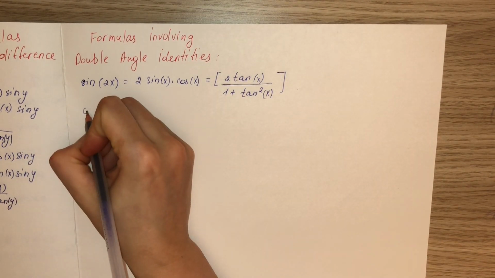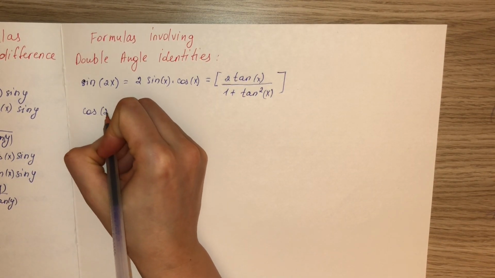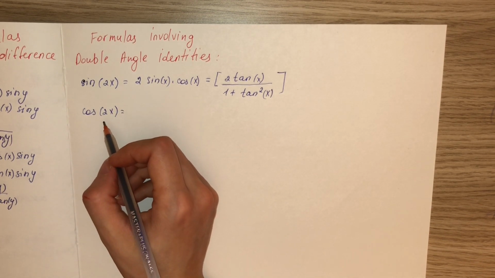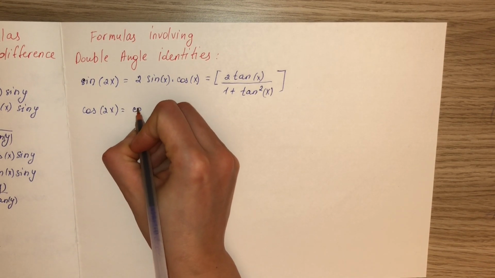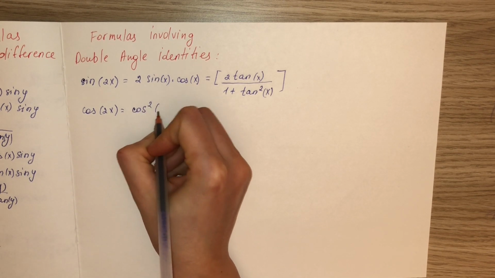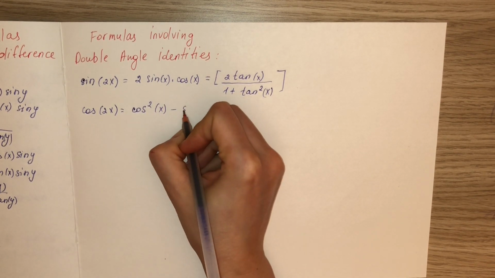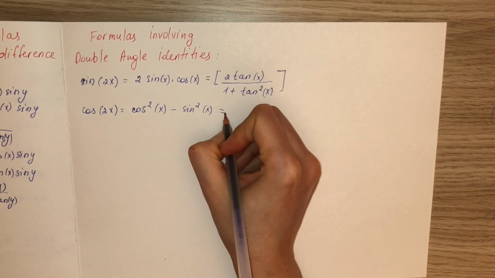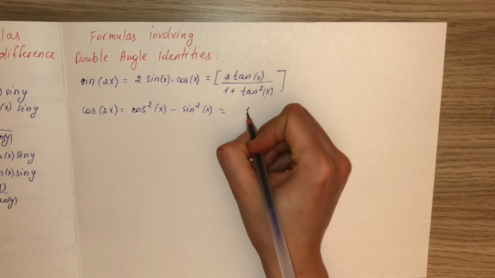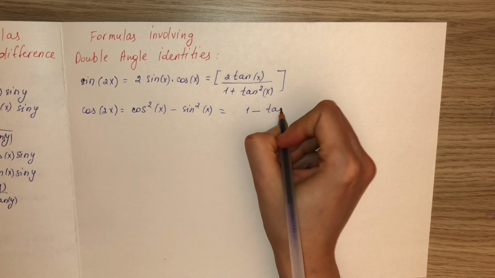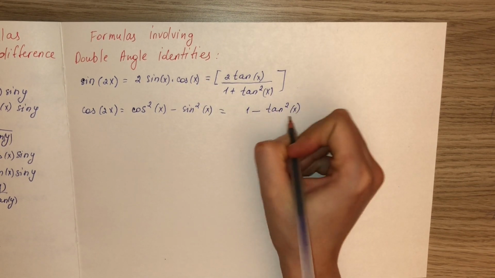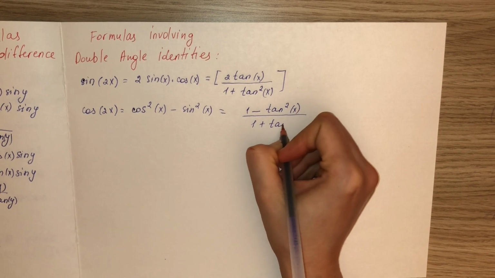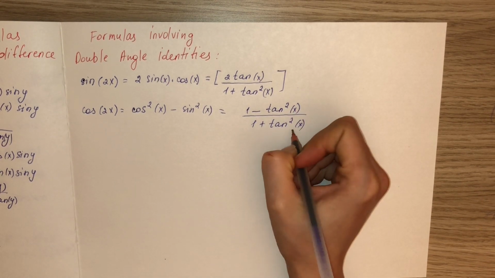What about the cosine of 2 times x? If we want to reduce the degree, we will get cosine square x minus sine square x. Also, we can write 1 minus tangent square x over 1 plus tangent square x.